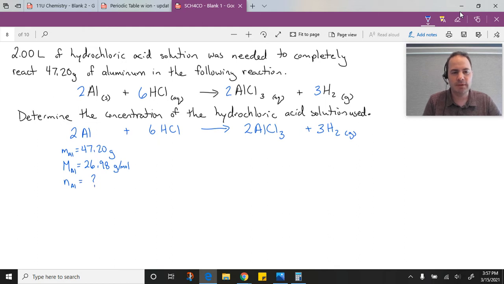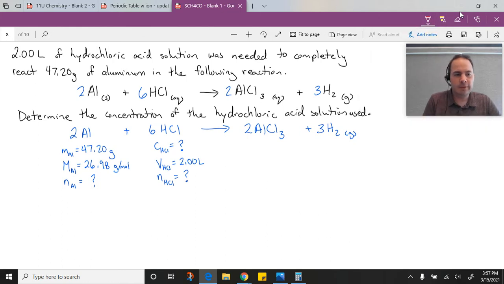That's the first thing I'm going to do. Then it's going to let me figure out moles of HCl because I'll do my mole ratio. To go from moles of HCl all the way to concentration of HCl, I need the volume. And luckily, the volume is given to us in the question. We had 2.00 liters of our particular hydrochloric acid solution.